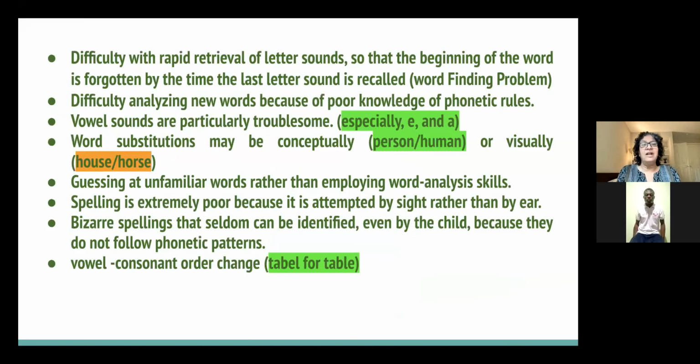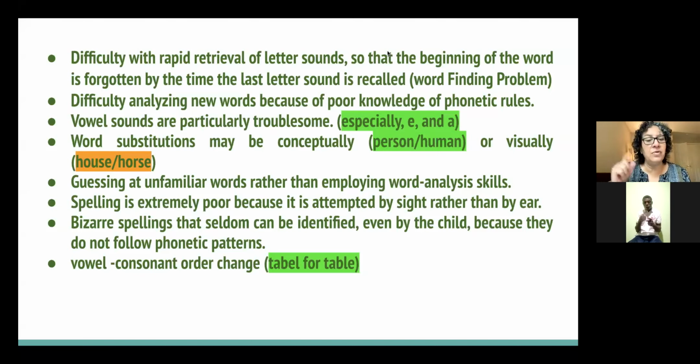They may have difficulty in rapid retrieval of the sounds, the beginning or the ending of the sounds. Sometimes they have difficulty analyzing new words because of poor knowledge of phonetic rules.